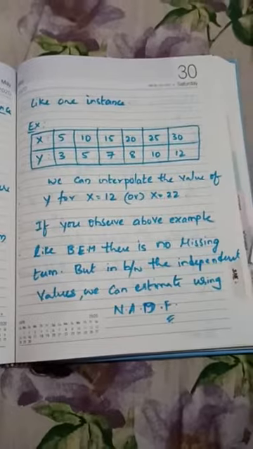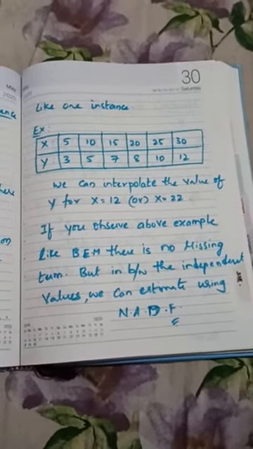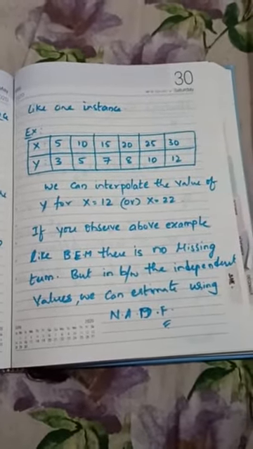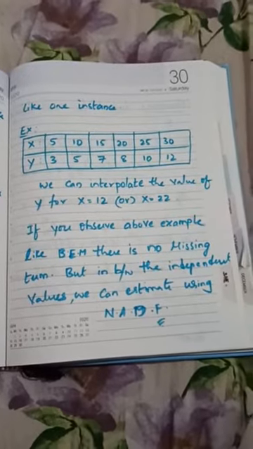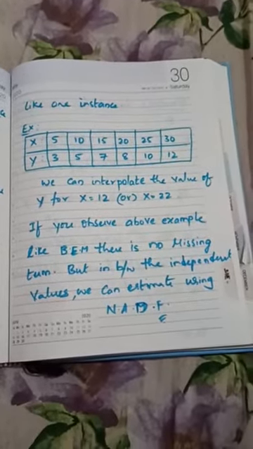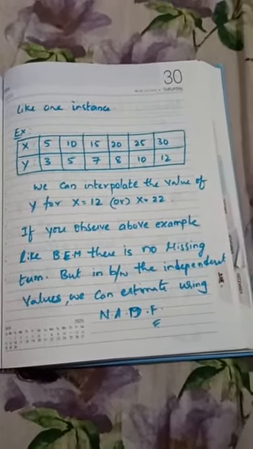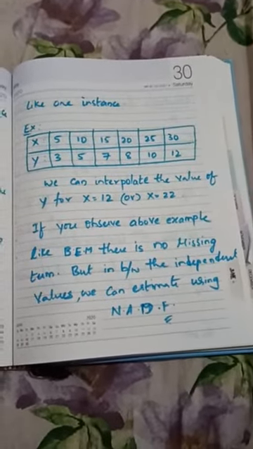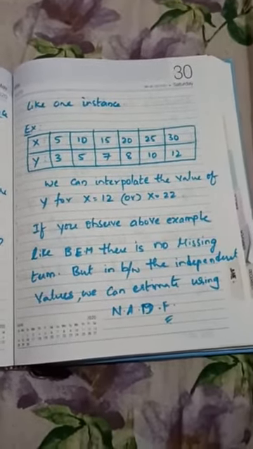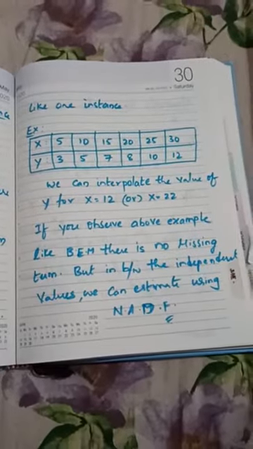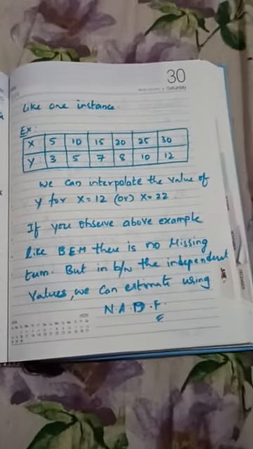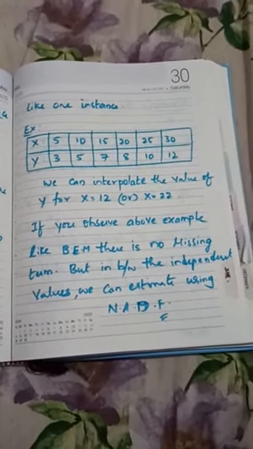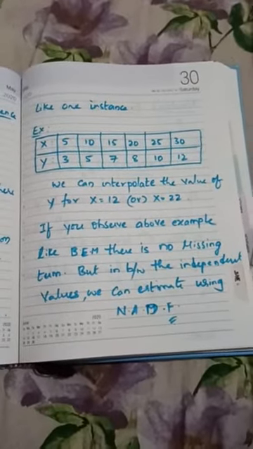not only 12: x equals 13 you can calculate, x equals 14 you can calculate, x 16, 17, 18, 19 you can calculate, x 21, 22, 23, 24 and 26, 27, 28, 29. So anywhere in between, intermediate values. If you observe the above example, unlike binomial expansion, there is no missing term.